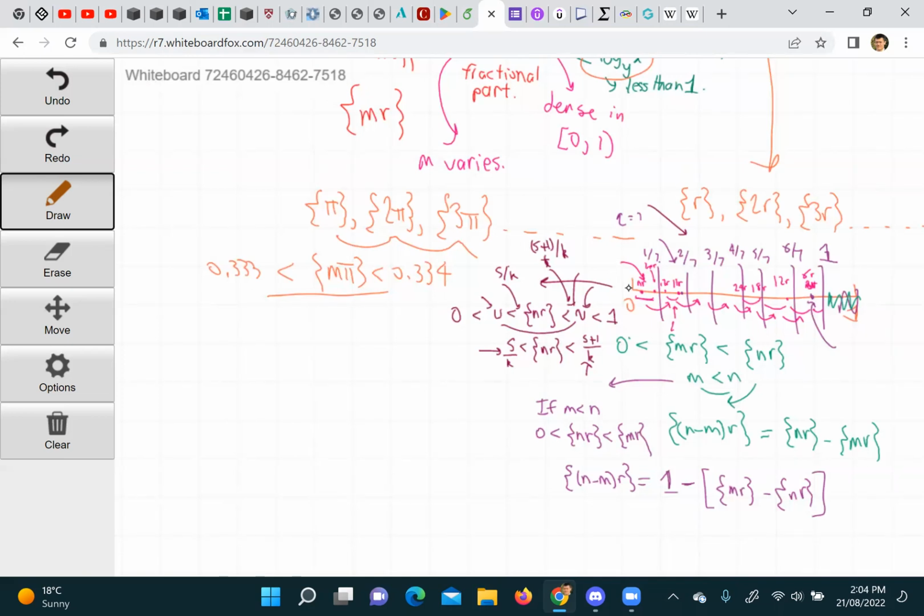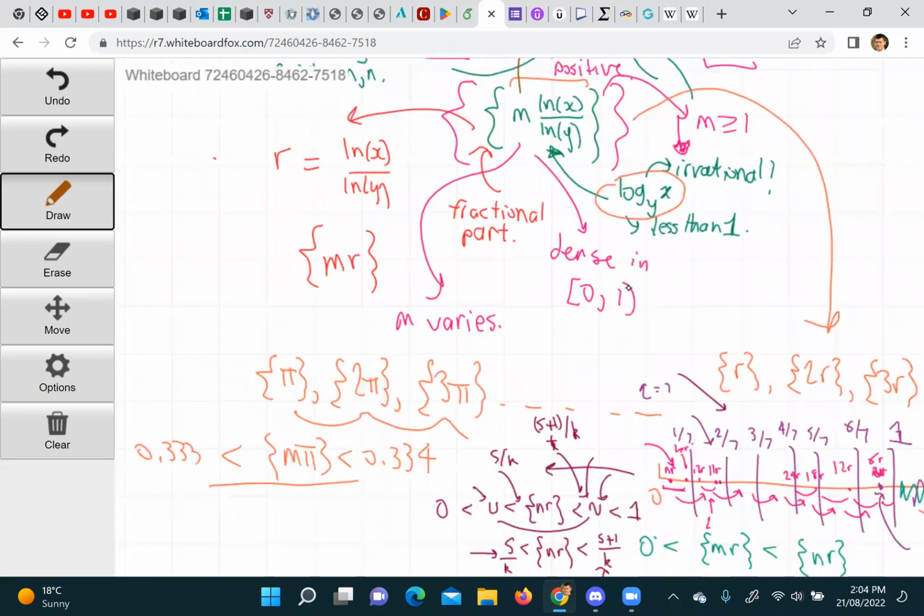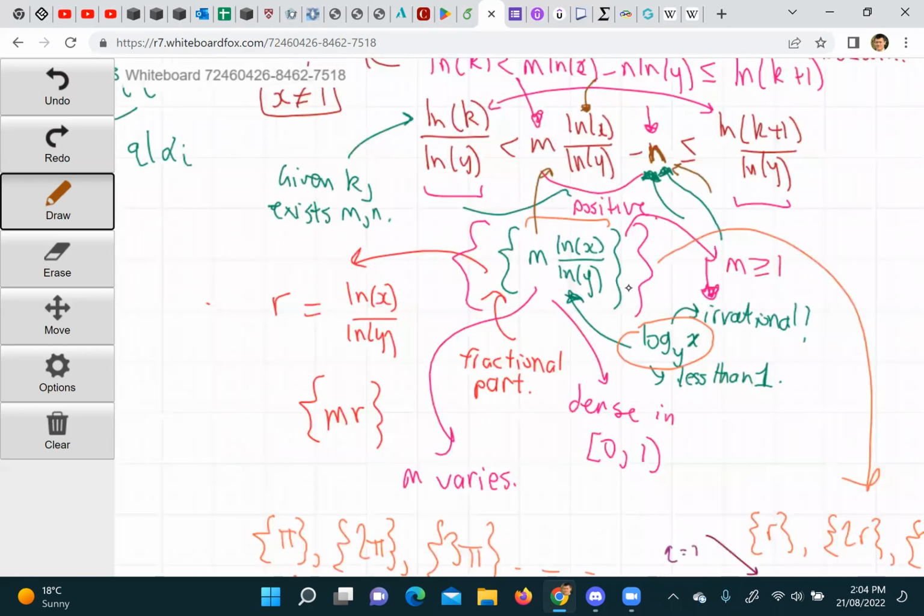Okay, so it's not even actually that hard. The main thing is that m times an irrational number, as you vary m, you can get as close as you want to any fractional part. It's just that the integer part could be huge.